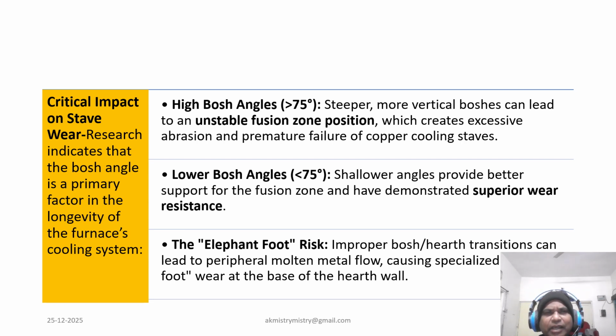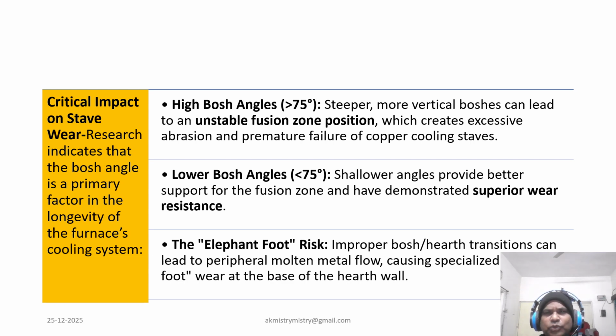There is a limit though. If the angle is too low, under 70, the hearth volume becomes restricted, which eventually chokes productivity. Designers must find the sweet spot that maximizes metal output while ensuring the furnace doesn't burn out prematurely.